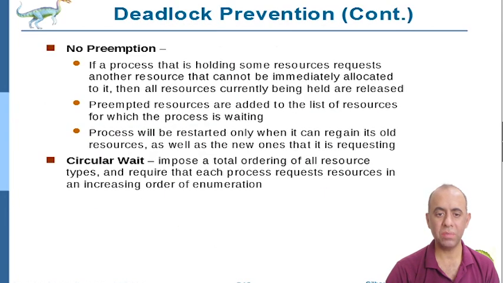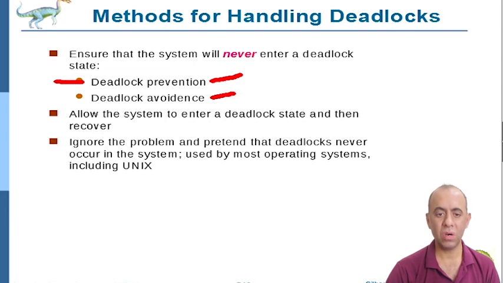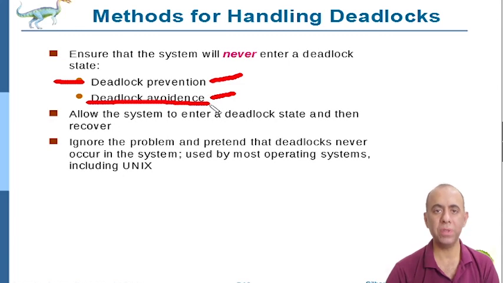Instead of prevention, we have deadlock avoidance, and deadlock avoidance runs an algorithm to see whether a new request made by a process for a resource will or can result in a deadlock. If it sees that happening, that request is not granted, right?